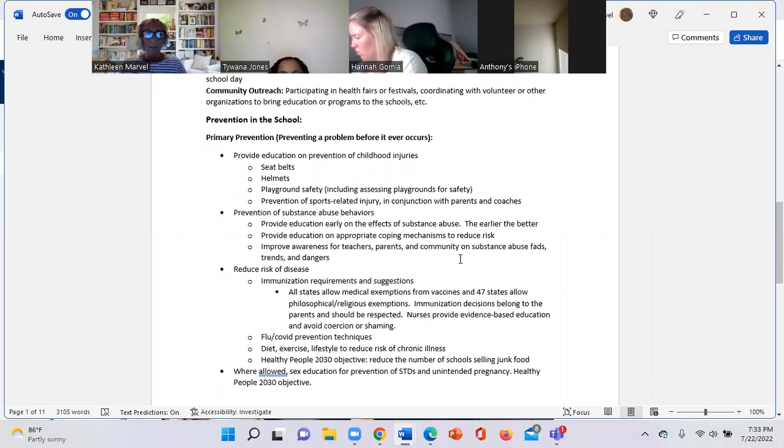So states allow medical exemptions from vaccines in 48 states. Okay, the 47 states, they also allow for religious and personal. Okay, so medical is the student, the client is not healthy enough to have vaccines. Religious, there's some kind of religious conflict. And then personal is just philosophical.